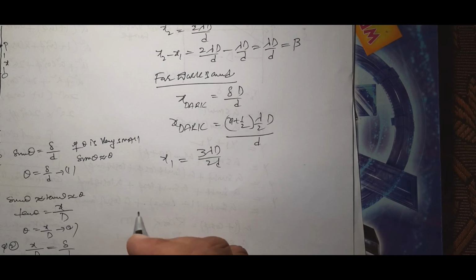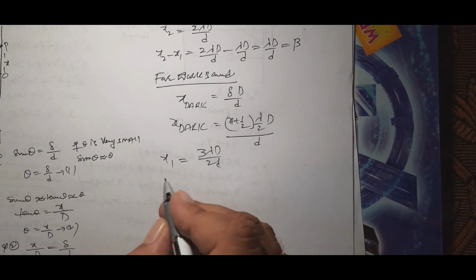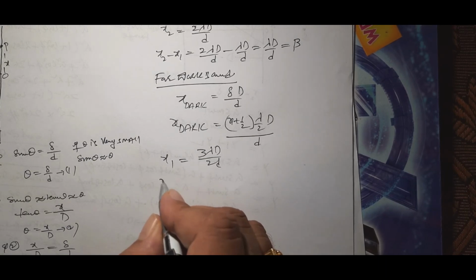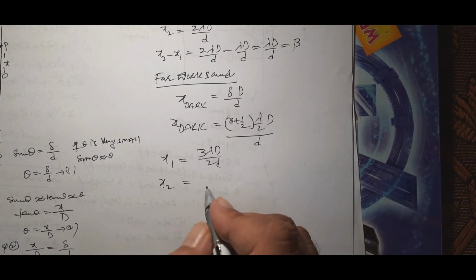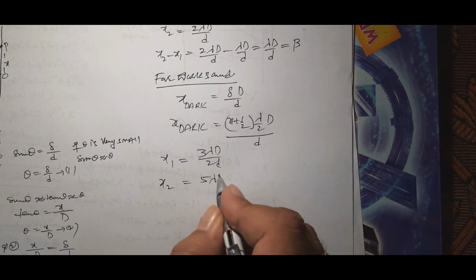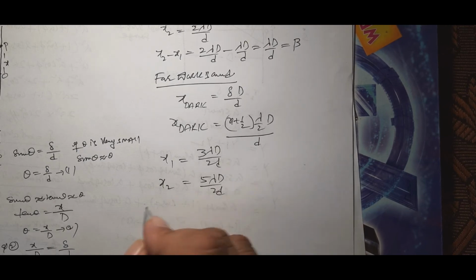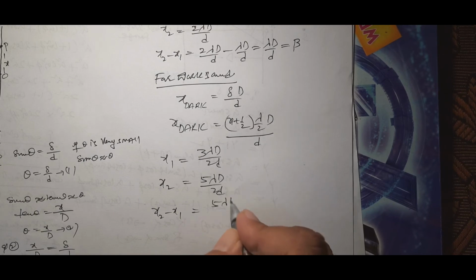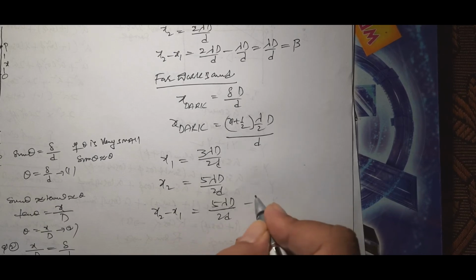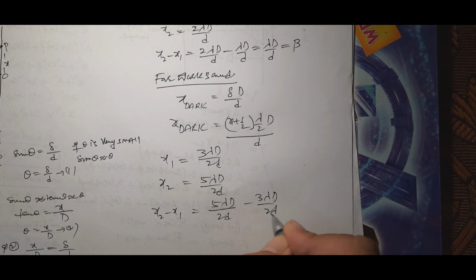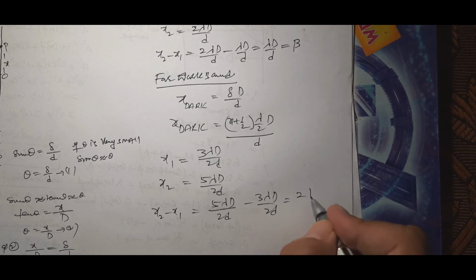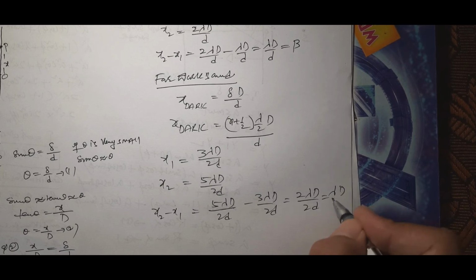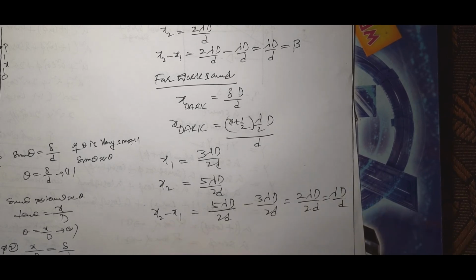Now x2, the second dark band, put n is equal to 2: 5 lambda D by 2d. Now take the difference, x2 minus x1 is equal to 5 lambda D by 2d minus 3 lambda D by 2d, that is 2 lambda D by 2d, which is equal to lambda D by d.